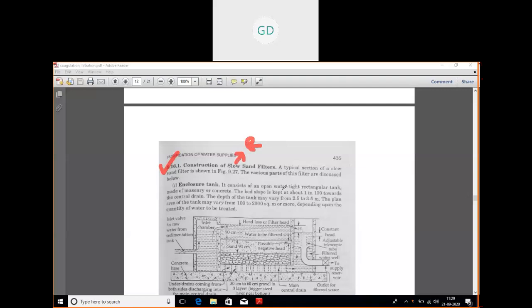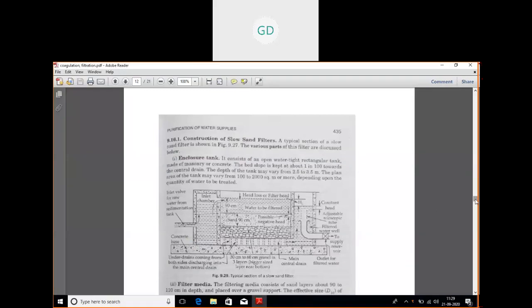You can draw this diagram and write about the constructional details as your assignment work. I will surely share the PDF with you today. After the class, I will share it in your WhatsApp group.